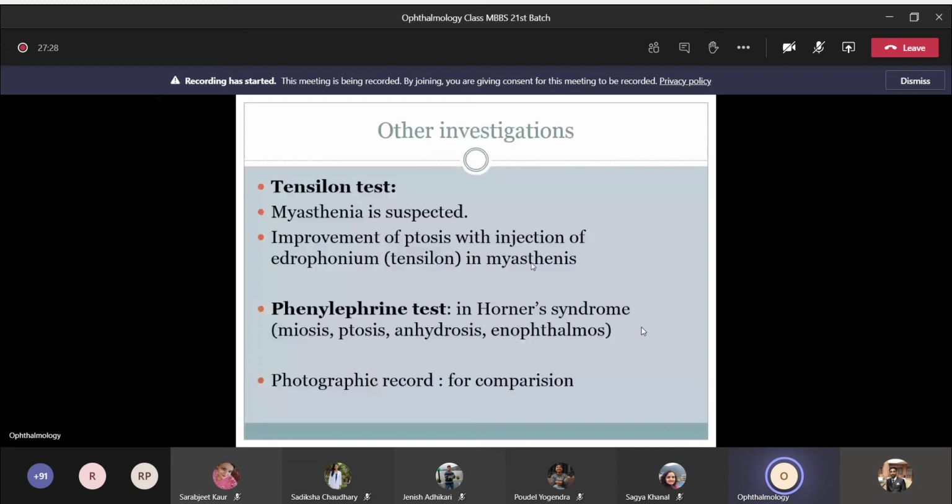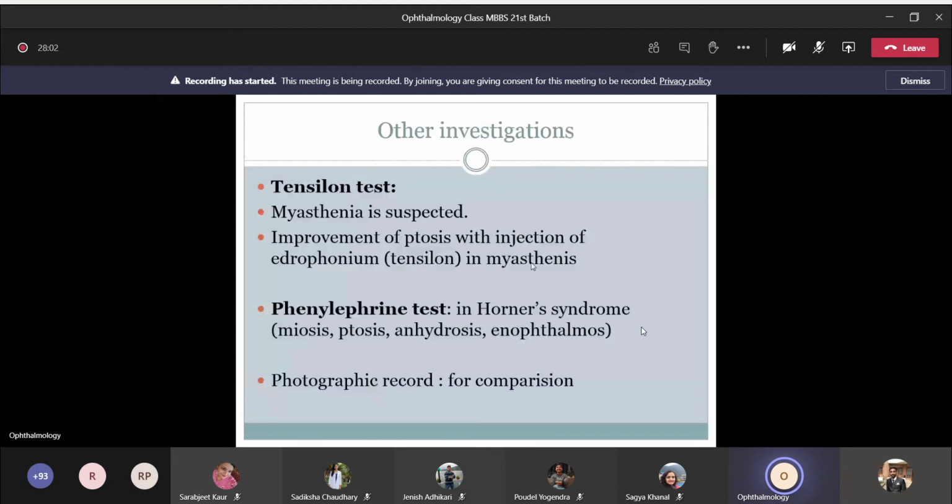In this tensilon test, what we do is we inject edrophonium, and if there's improvement of ptosis, then it means the cause of ptosis is due to myasthenia. And the phenylephrine test is done in case of Horner's syndrome. And another thing is photographic record is also important for comparison to see whether the progression has been there or not.